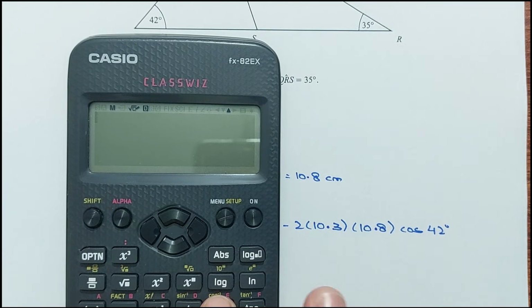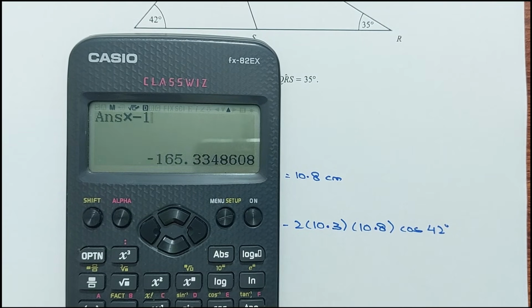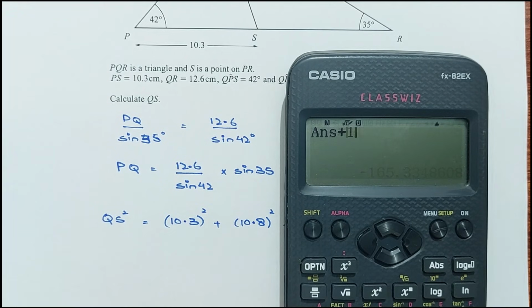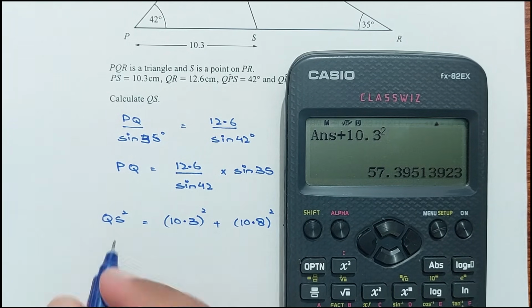Okay, cos 42 times 10.8 times 10.3 times 2 times -1, and add 10.8 squared, add 10.3 squared. This is QS squared, right?